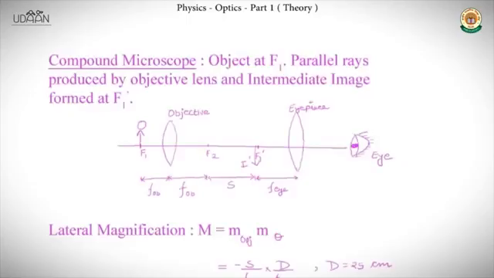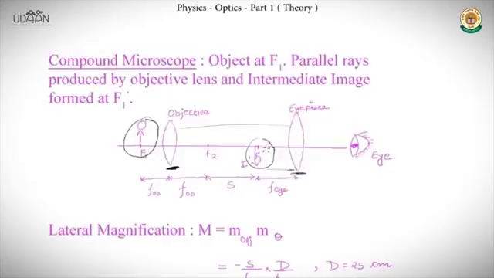Now we will be dealing with the compound microscope. The compound microscope has two lenses, the objective lens and the eyepiece. The object is kept at the focal length f1, and the parallel rays produced by the objective lens strike the eyepiece and form an intermediate image at f1 dash, which is the focus of the eyepiece.